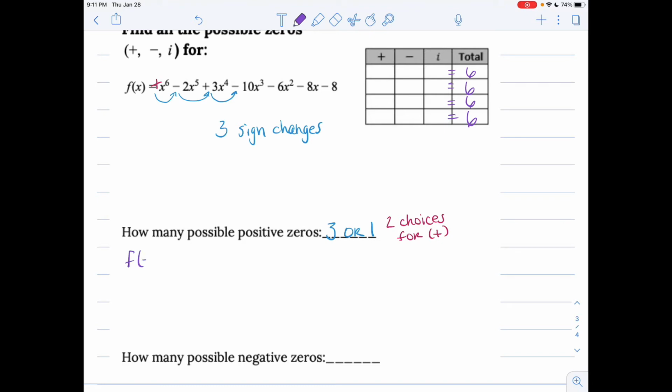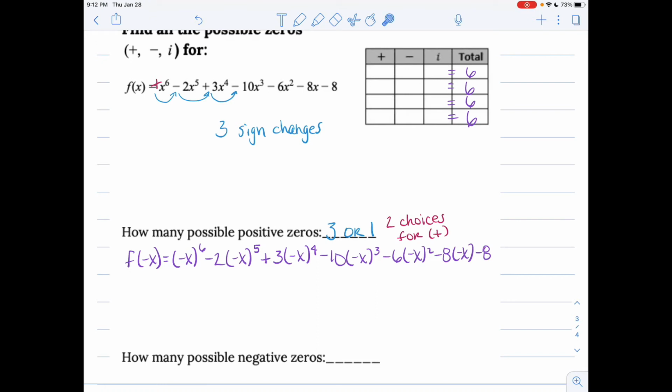So I'm going to write f of negative x, which we could also read as f evaluated at negative x, and that's going to be equal to negative x in parentheses to the 6th, minus 2 times negative x to the 5th, plus 3 times negative x to the 4th, minus 10 times negative x to the 3rd, minus 6 times negative x squared, minus 8 times negative x, and minus 8. We need to simplify this and get rid of all of those messy parentheses now.